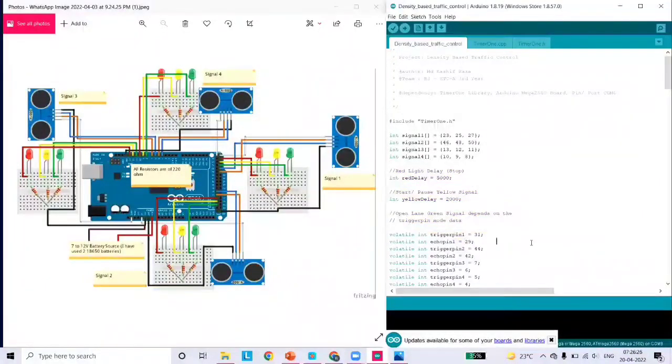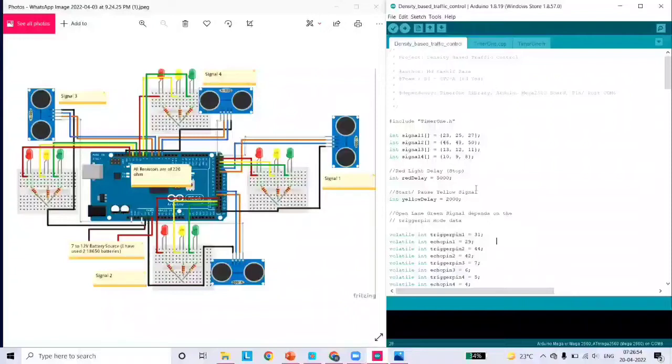The sensor of signal 1 is connected to pins 23, 25 and 27. Here you can see in the diagram that it is connected to 23, 25 and 27. Signal 2 is connected to 46, 48 and 50.